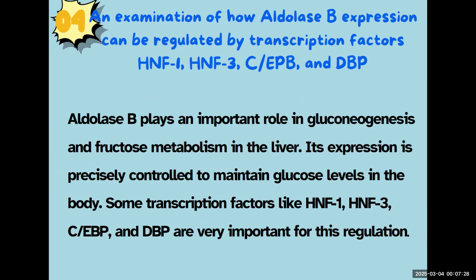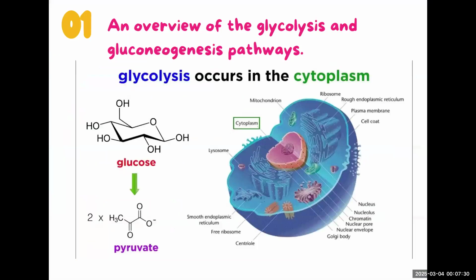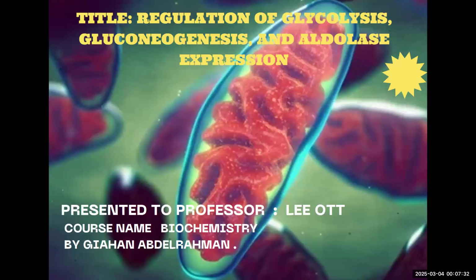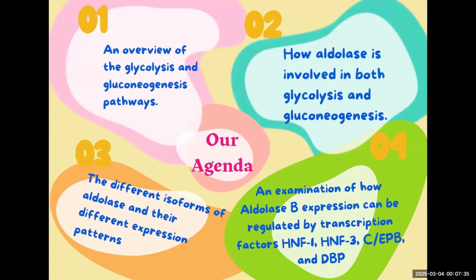So we covered all 4 points from the beginning. In our agenda, we talked about what glycolysis is, what gluconeogenesis is, what aldolase is, and how it's involved in the two processes, how it forms glucose in this process, and how it breaks down glucose in the glycolysis process, and the different forms of isoform aldolase A, B, and C, and the function of each.